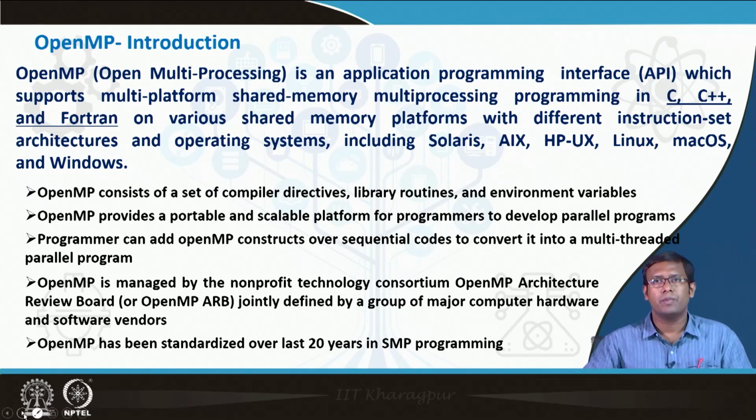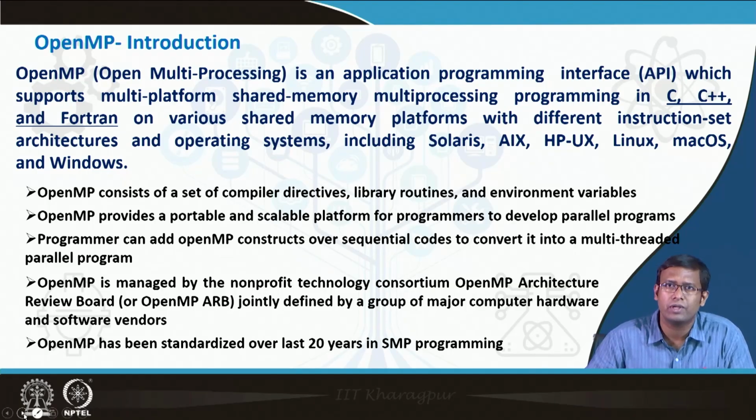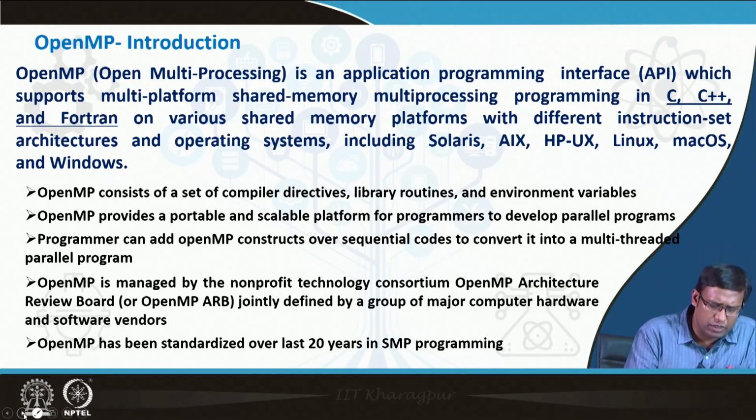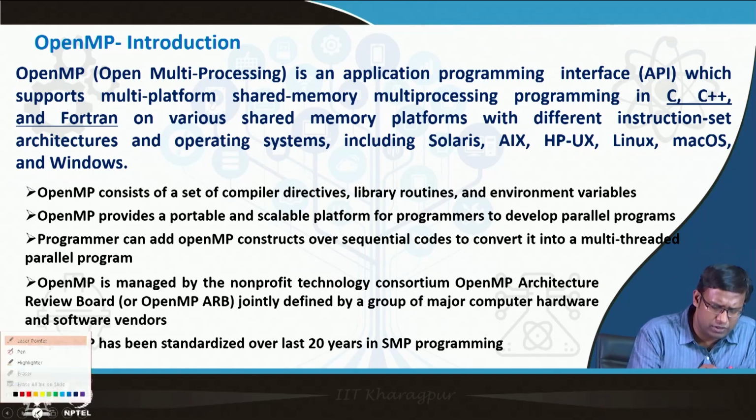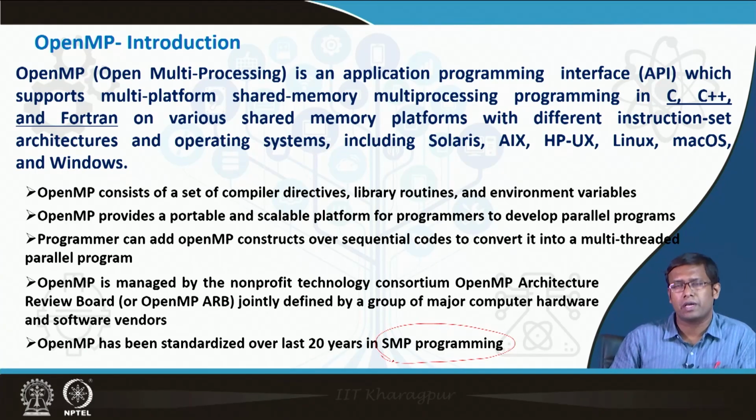So using OpenMP, you can launch multiple threads on a GPU and utilize GPUs. We will see it briefly when we discuss GPUs. But right now we will mostly focus on the symmetric multiprocessor, or uniform memory access UMA type of SMP, and see how OpenMP can be used for that.